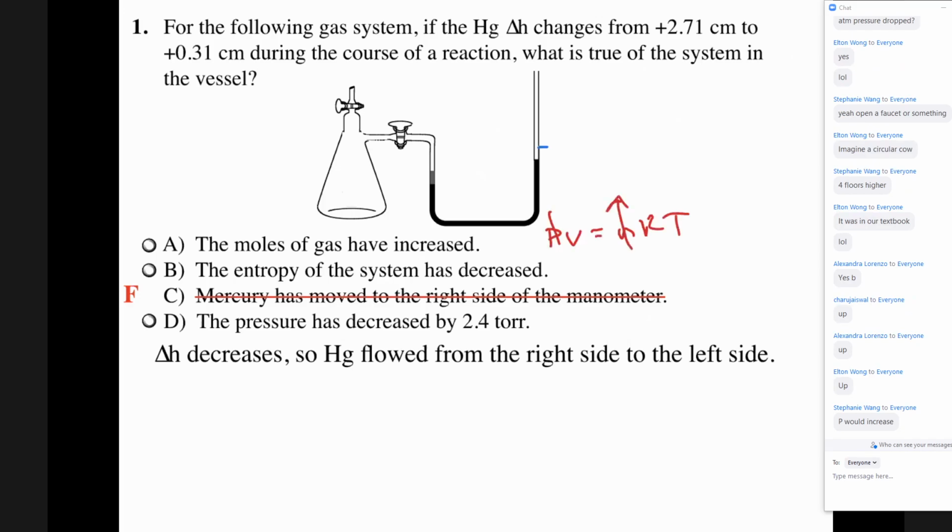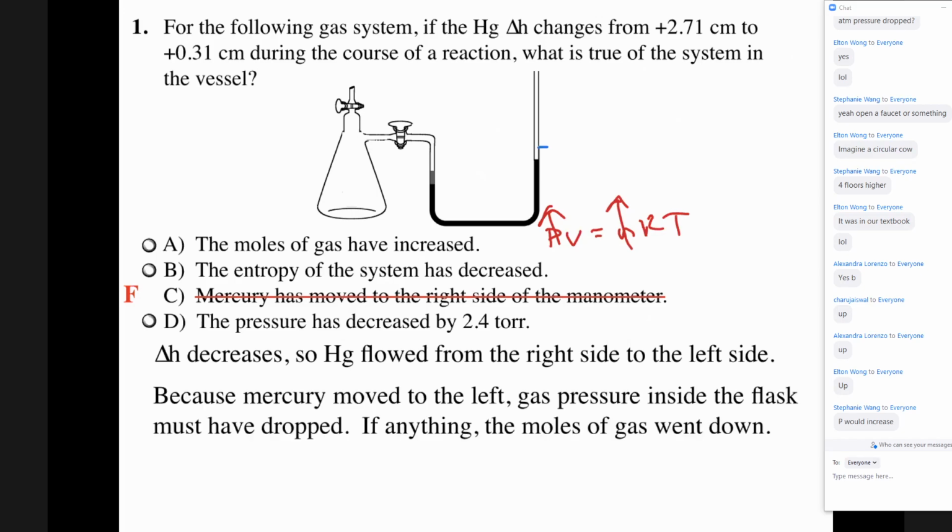N goes up, P would have to go up to correlate. So can I get rid of that choice as well? A doesn't work. A is kind of messing up our system here. How many look at B and just question mark it? Honestly, I don't know what to do with it, so I'm going to just question mark it for now. I'm going to jump to D.